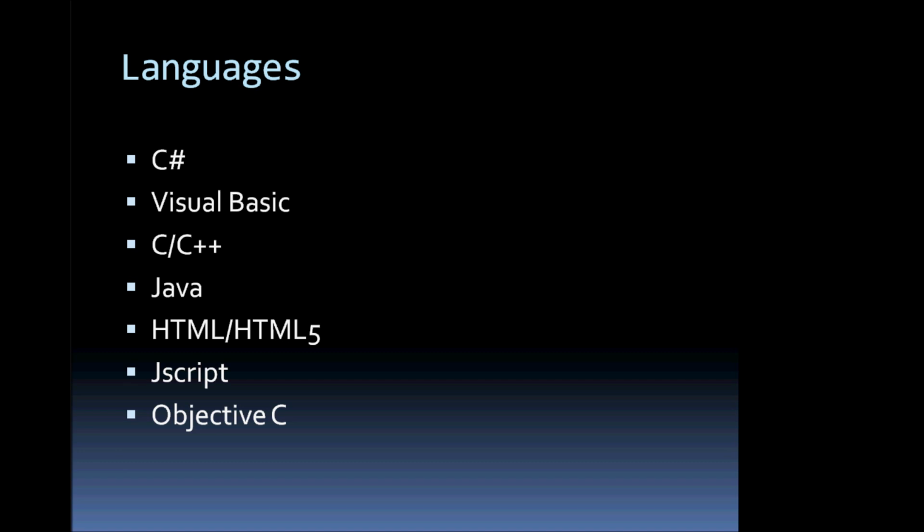C Sharp is the most common programming language that you're going to find with indie-based or commercial-based, AAA-based, whatever, entertainment-based programming. It's everywhere. Next to that, you're going to see a lot of C and C++. Those are probably the two most common programming languages that you see people writing entertainment-based software in.